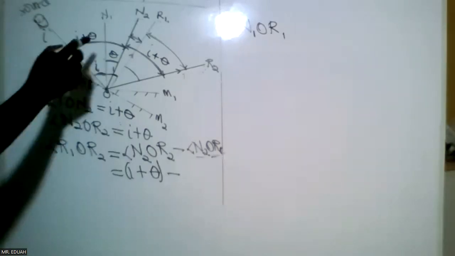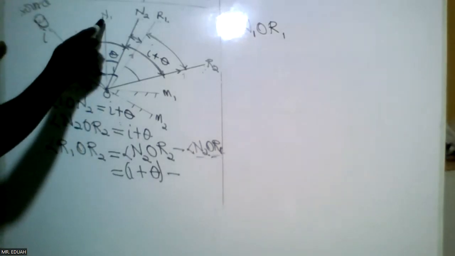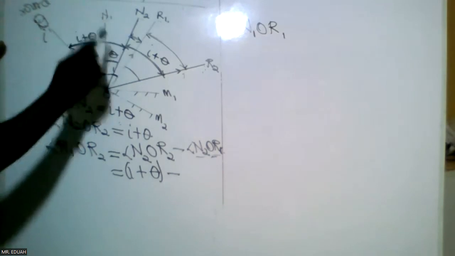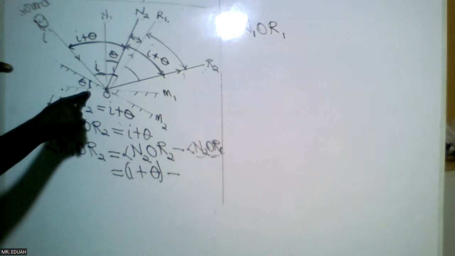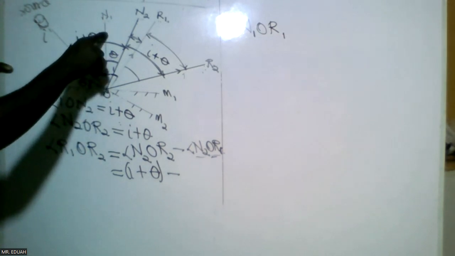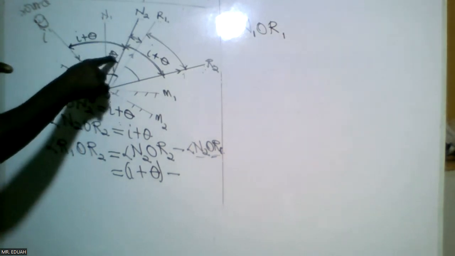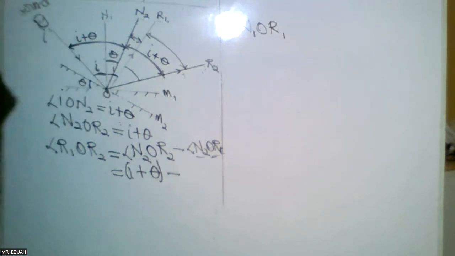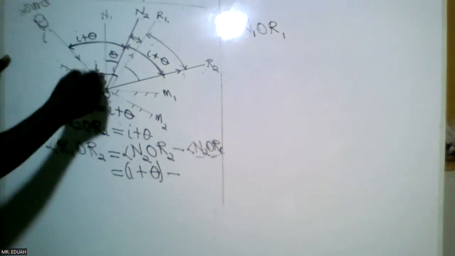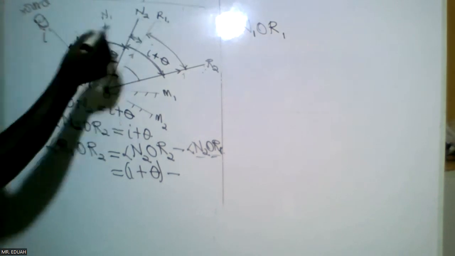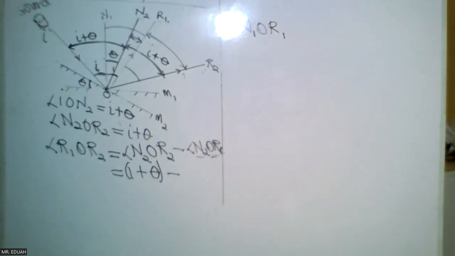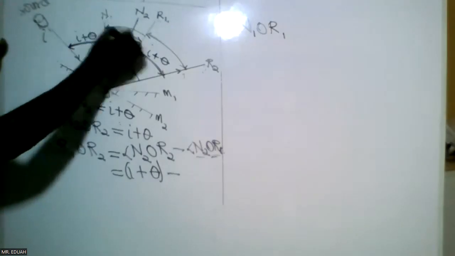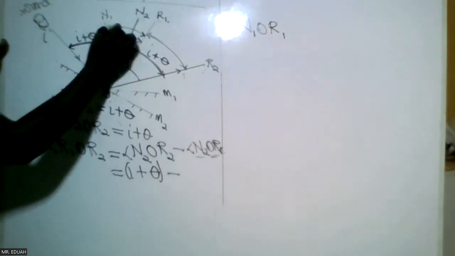No, theta is the angle between the two normals. I told you that when you rotate the mirror by theta, the normal also rotates by the same margin. So we are talking about this angle N1OR1, which is this whole angle. That is what I'm asking for.